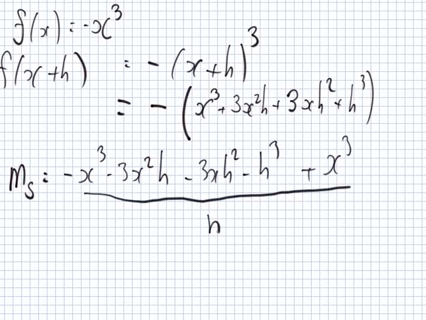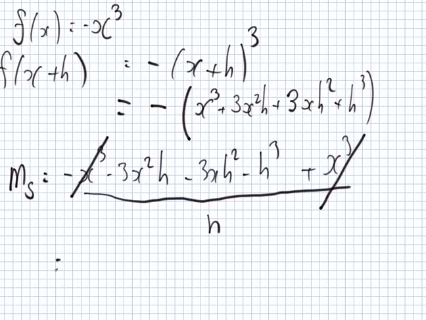Now I tell you a way to know if you're right or wrong. It should always be the case for these types of problems that the non-h terms should always cancel, leaving you only terms with h in it, because that allows you to do the next step, which is to divide everything by the h.